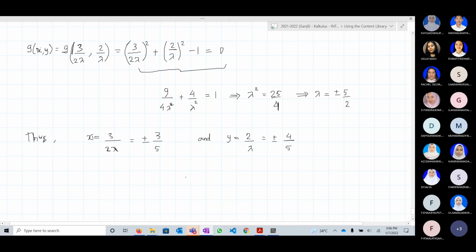So basically, in this case, we have that f(x, y) has extreme values.